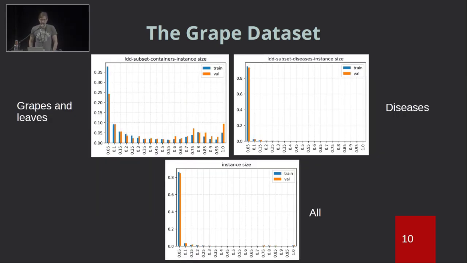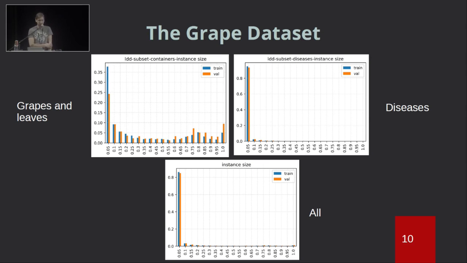Here we can show the annotation size with respect to the size of the images. I split it into plots for the grapes and leaves, and the others on the right for the diseases. And you can see that there are very different distributions, where the grapes and leaves have a more equal distribution of sizes, but the diseases are typically very, very small.